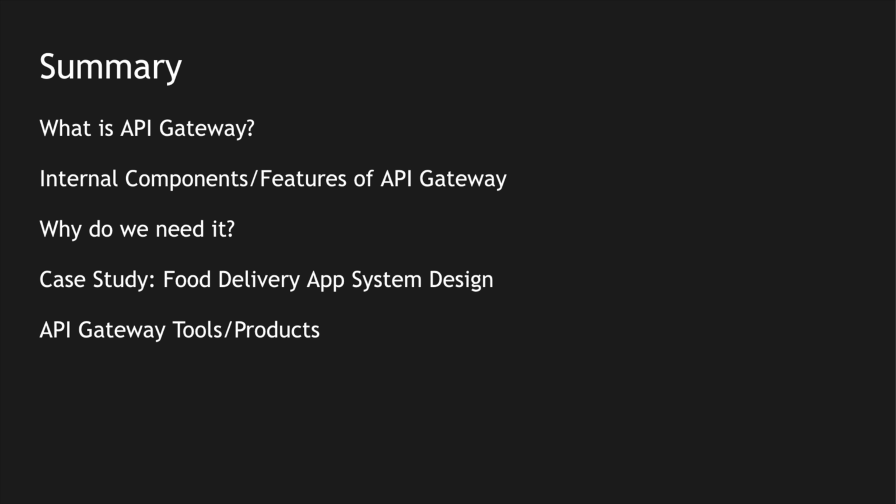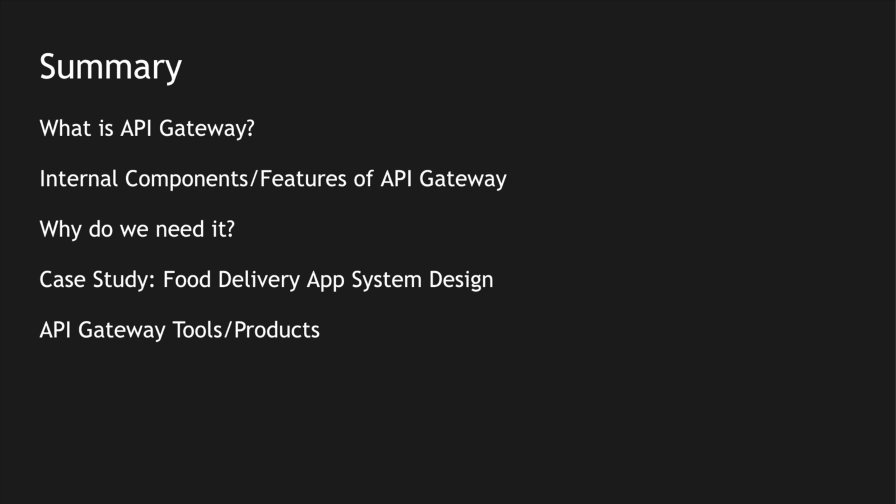Just to summarize what we just discussed, we saw what an API gateway is. An API gateway facilitates communication between client and server, and it helps in managing our APIs much better. We saw different components of the API gateway with respect to APIs, traffic management, observability, security, and health checks and discovery. We also saw why we need it.